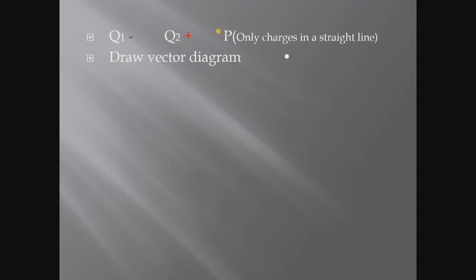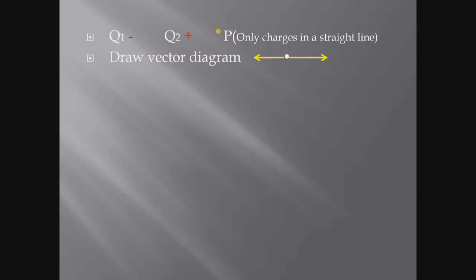Now it's linear, and therefore firstly always draw a vector diagram to indicate the electric field acting through that point. Now firstly, Q1 is negative, so the direction of electric field is always towards the negative.